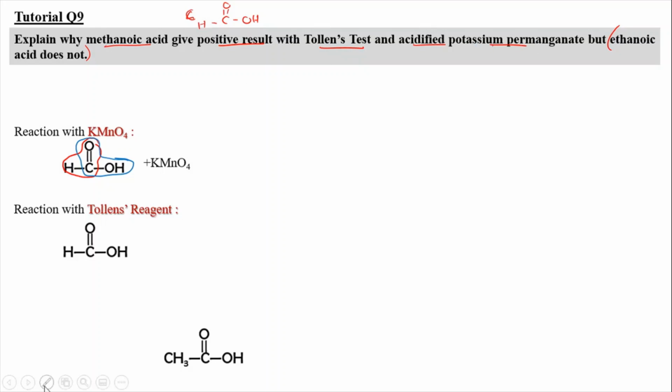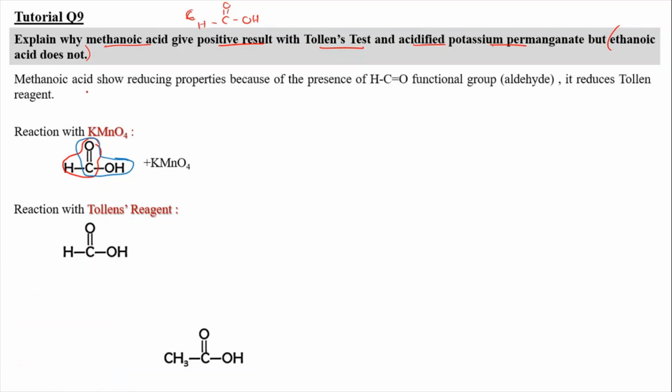So we can give an explanation here. Methanoic acid shows reducing properties because of the presence of the C double bond OH, which refers to an aldehyde.